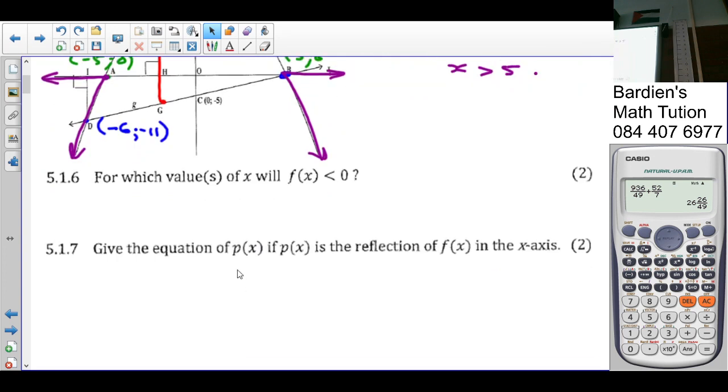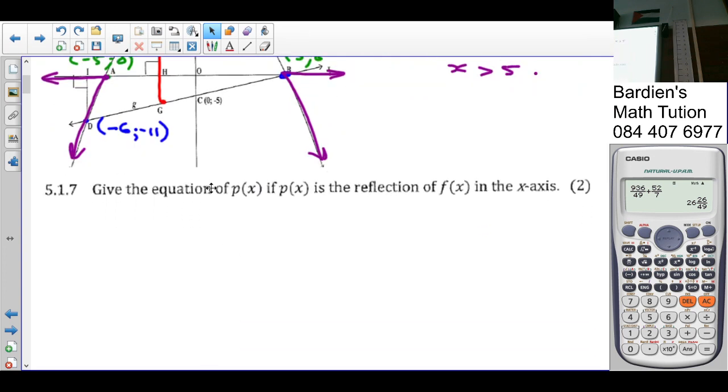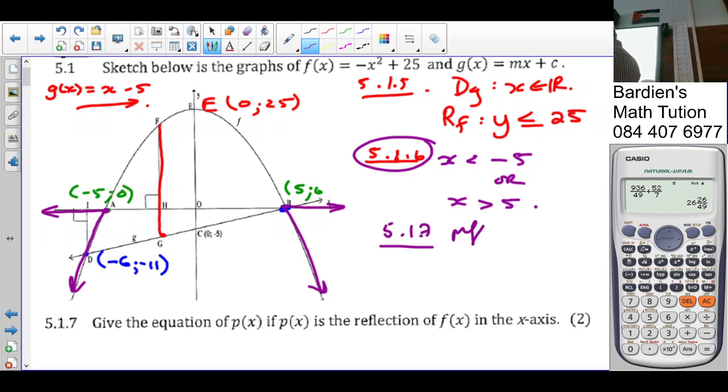And the last question says, give the equation of p of x if p of x is the reflection of f of x in the x-axis. So if something is reflected in the x-axis, what do we know? Y becomes negative. The rule is y becomes negative.